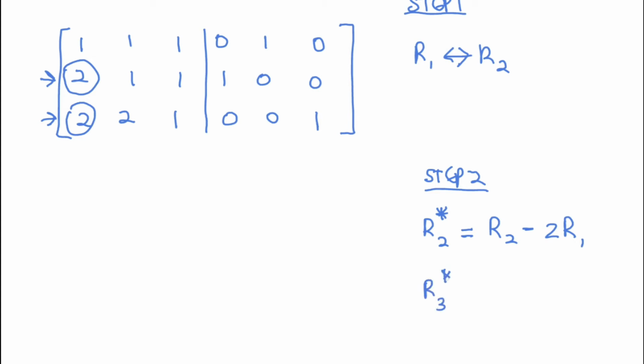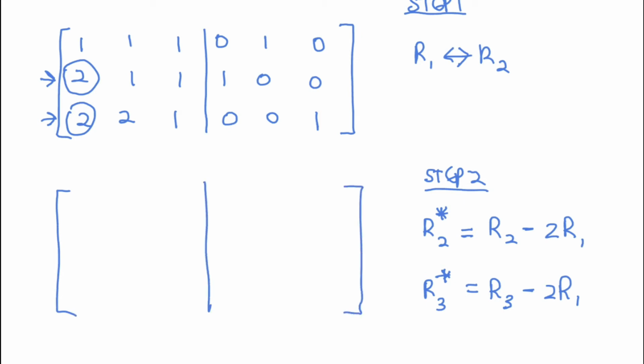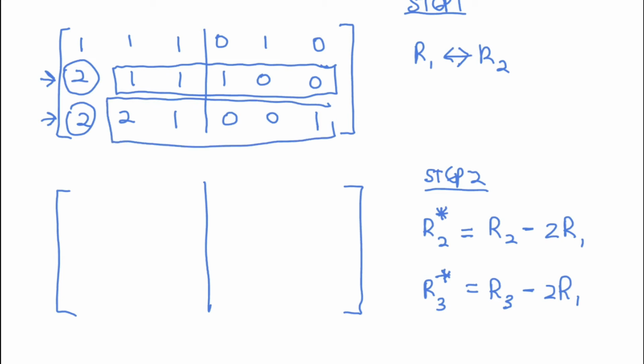The new row 3 is equal to row 3 minus 2 row 1. That's how you obtain the formula. Then you calculate by using those two formulas for all elements in that particular row.